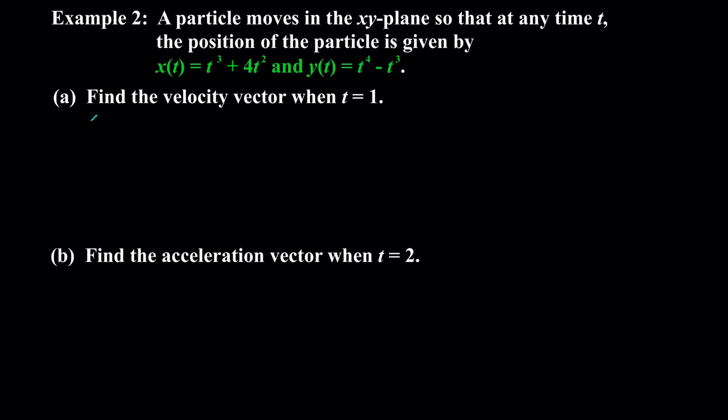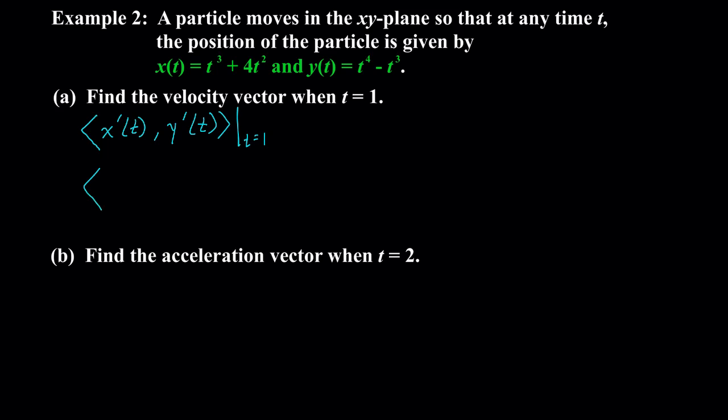So the velocity vector, just your formula, was x prime of t, comma, y prime of t. But then we're going to evaluate this when t is equal to 1.